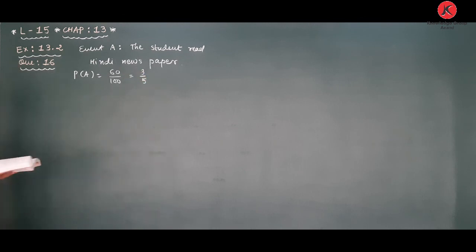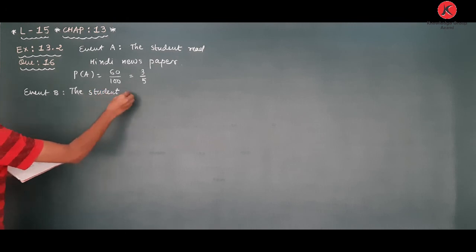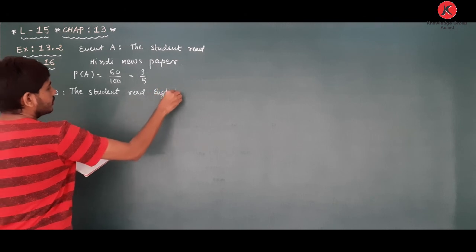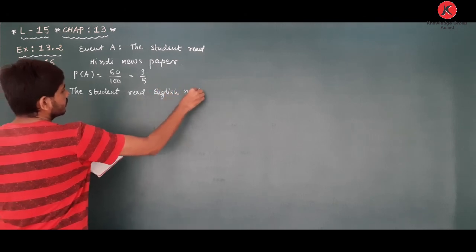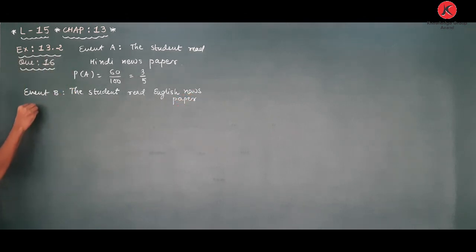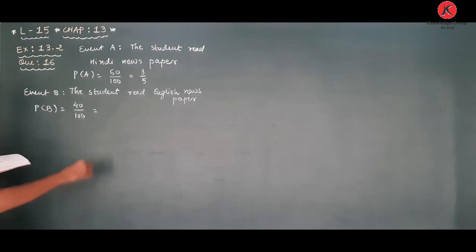Same for event B, which can be selected as the student reads English newspaper. The probability of event B is 40% of students, means 4 by 100, the zeros will cancel out, 4 by 10, which you can say is 2 by 5.